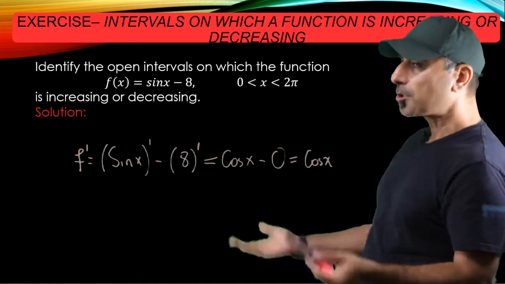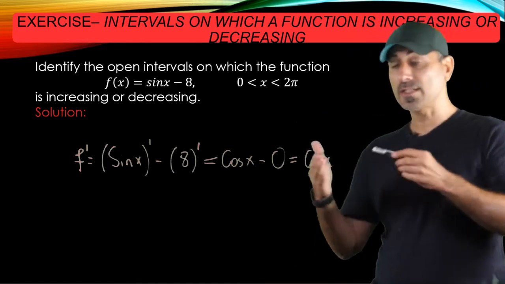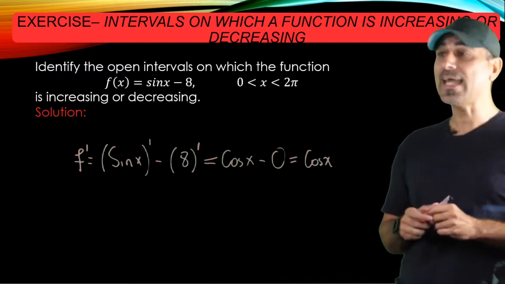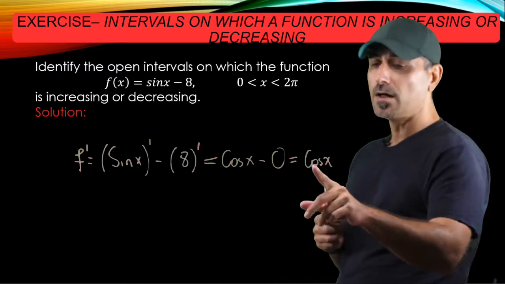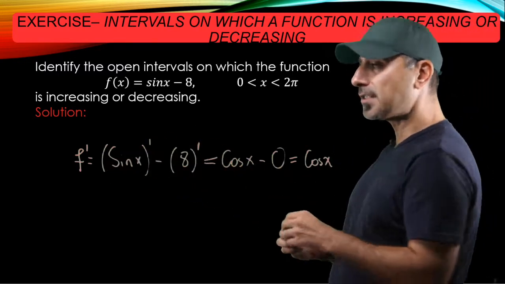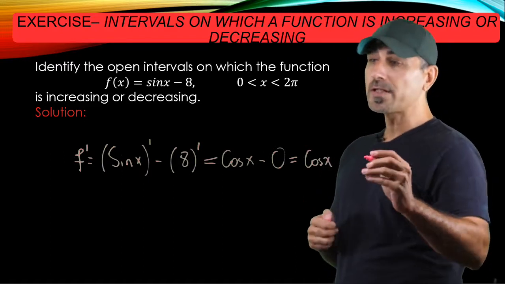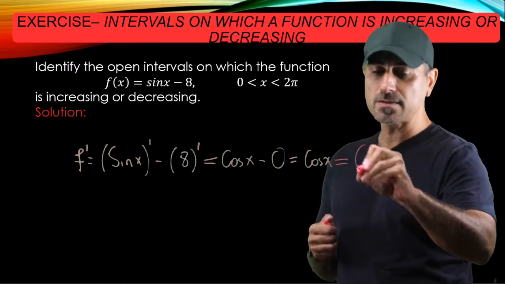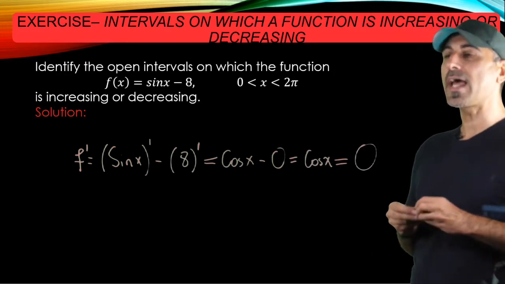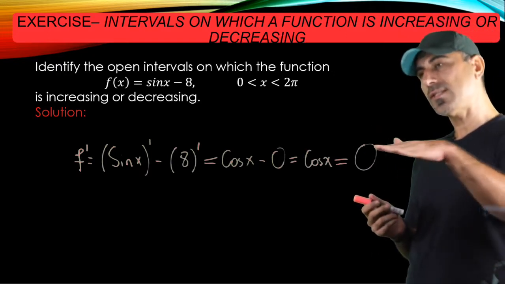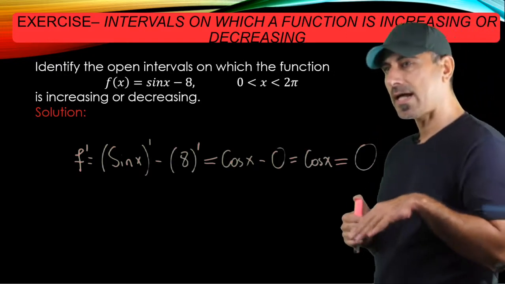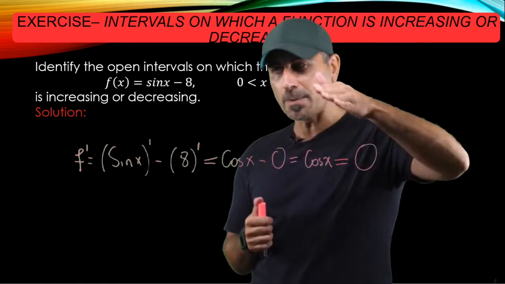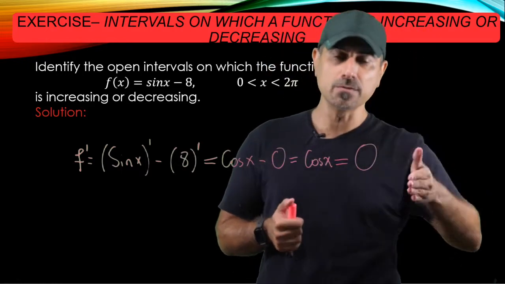So to determine the sign of cosine in the subintervals, we need the x-intercepts of this function, or in other words, x-intercepts of f prime. So what we're going to do next is to set this to 0 and solve for x, and those x-intercepts are going to tell us that the function goes from negative to positive or from positive to negative.